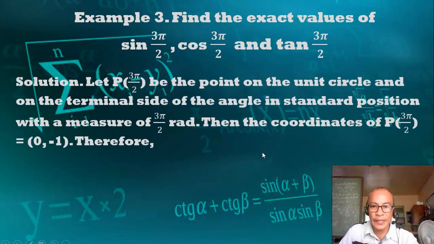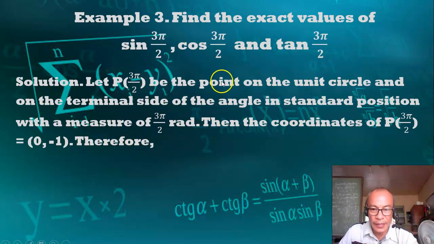Another example, find the exact values of sine 3 pi over 2, cosine 3 pi over 2, and tangent 3 pi over 2. Solution: we let P of 3 pi over 2 be the point on the unit circle and on the terminal side of the angle in standard position with the measure of 3 pi over 2 radians. Then the coordinates of P of 3 pi over 2 is equal to (0, negative 1). 3 pi over 2 actually is equal to 270 degrees.